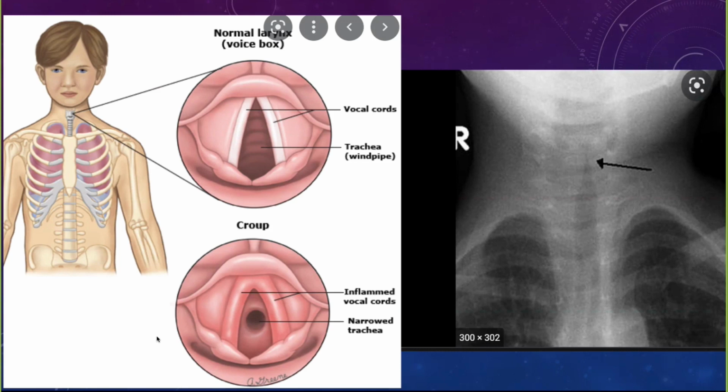When you have a younger kid, the diameter is way smaller, so the area for the air to pass through is very small. That's why you hear that type of cough, or the breathing called stridor. And on X-ray, we see the typical steeple sign. You see how narrow the airway is here.